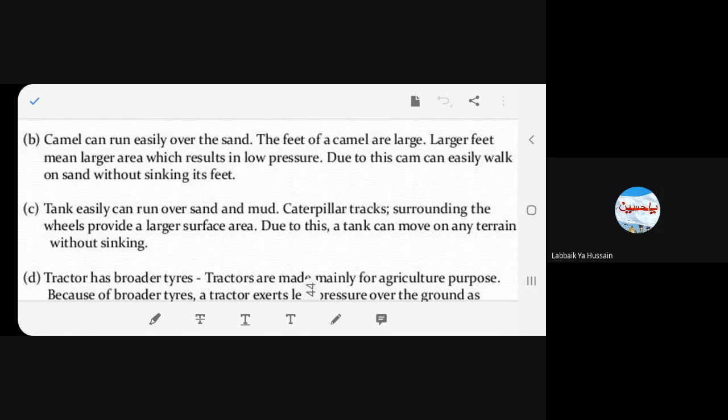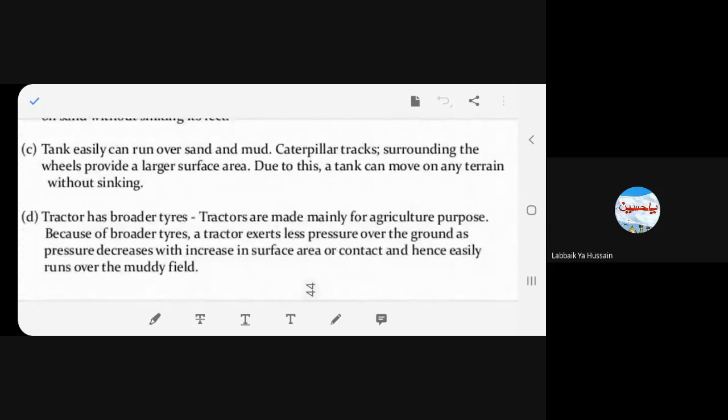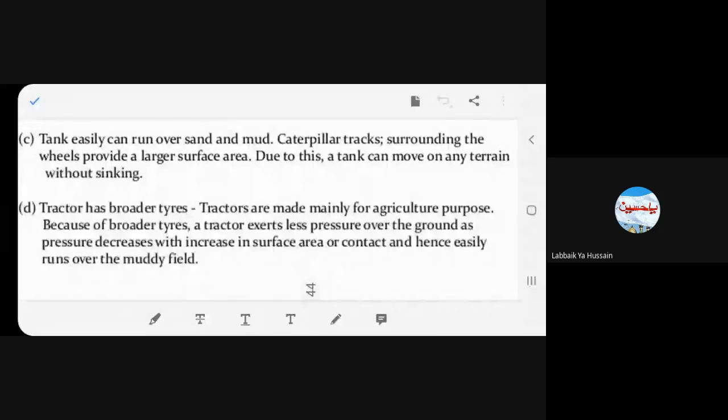Any problem? All of you understood? Hello? Are you understanding? Yes. Okay. Now we will see the third instance. Yes, start.